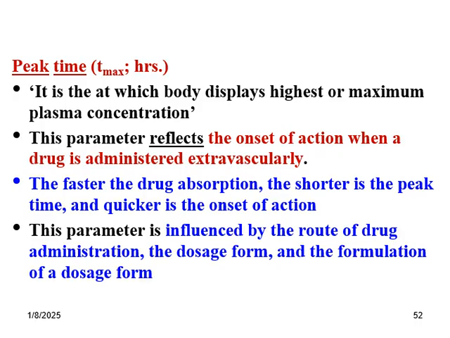Because it shows how fast the drug is absorbed. The faster the drug absorption, the shorter the peak time, and the quicker the onset of action. Peak time can be influenced by the route of drug administration, the dosage form, and the formulation of a dosage form.